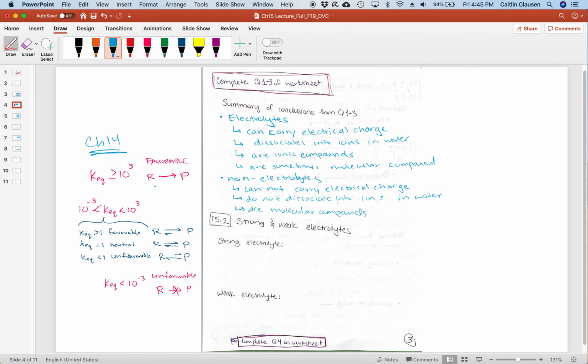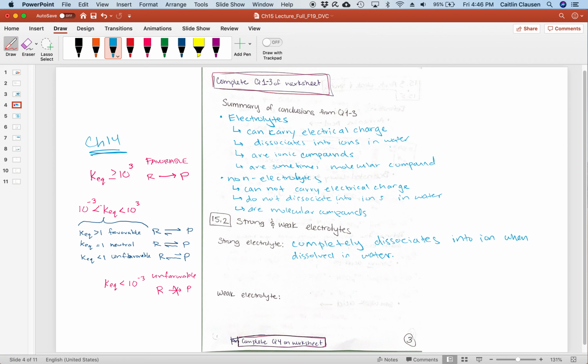So the definition of a strong electrolyte is something that completely dissociates into ions when dissolved in water. Again, remember, dissociates means we're breaking covalent or ionic bonds to get ions.